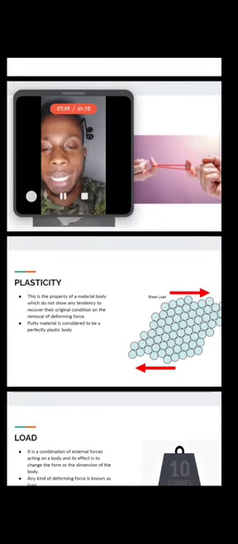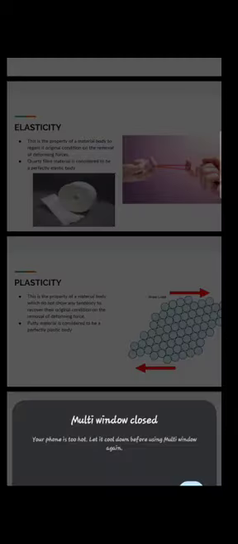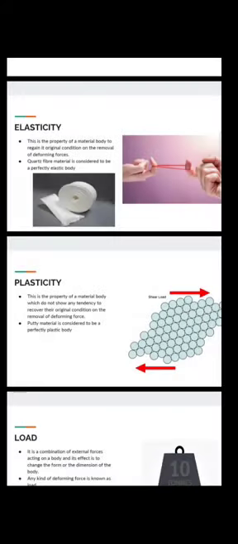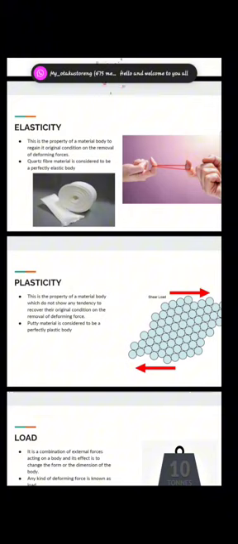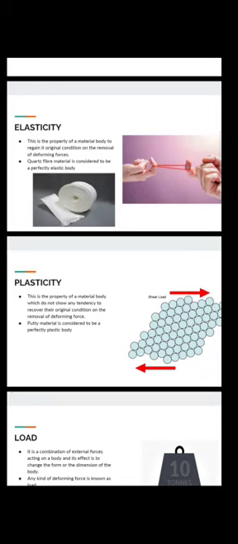So let's talk about plasticity. This is the property of a material body which does not show any tendency to recover its original condition on the removal of the deforming force.